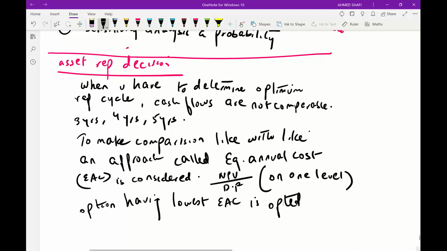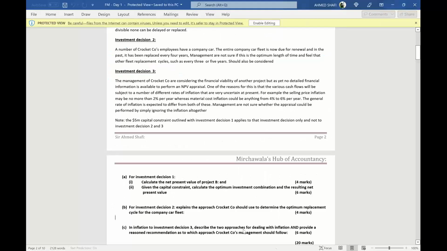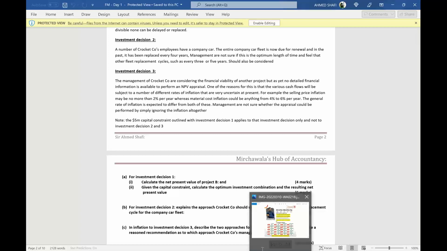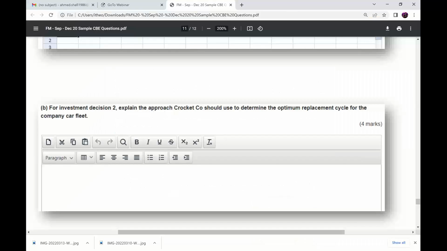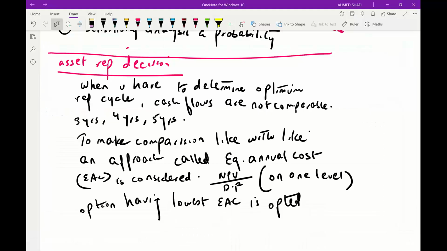This is what you should explain in requirement B, the approach Crockett should use to determine the optimum cycle. So you should write that in order to determine the optimum cycle, the options will always be of varying lengths, like the company is also considering 4 years, 5 years, 3 years. This will make sure the comparison is not like with like. So we use an approach called equivalent annual cost, EAC.